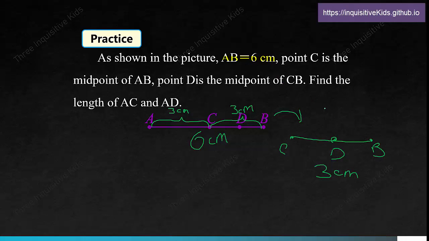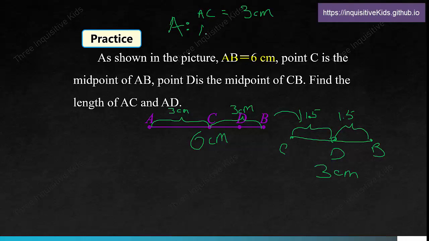Well, what's 1/2 of 3? 1/2 of 3 is 1.5 centimeters. So this part is 1.5 centimeters, and this part is 1.5 centimeters. I'll just write 1.5. Our answer, what is asking the length of AC first, AC. Know that AC is equal to 3 centimeters.